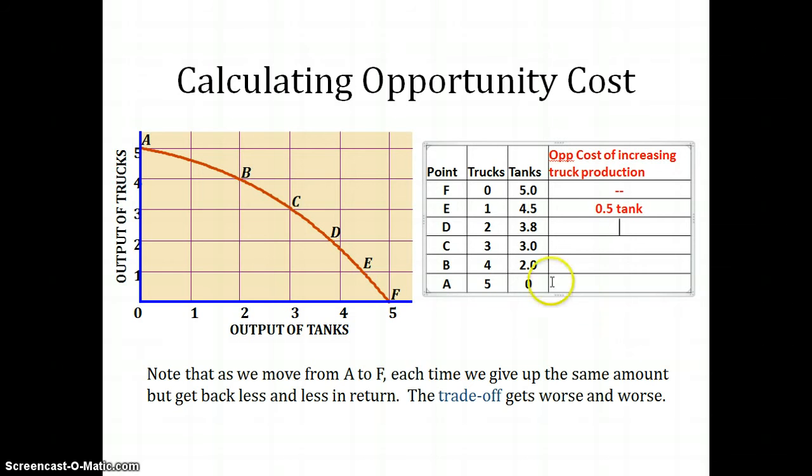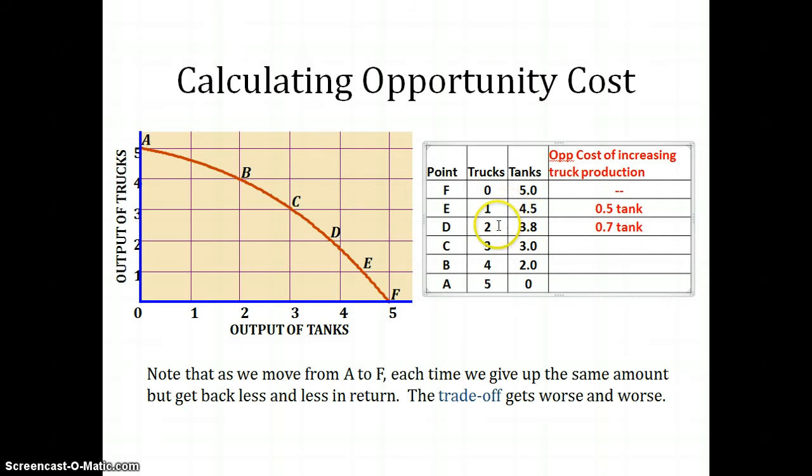Okay. Then when we look from going from one truck to 2 trucks, it means we're going from 4.5 tanks to 3.8 tanks. So now we are giving up 7/10 of a tank. So it's still measured in tanks, but the amount is different when we add a second truck instead of just going to our first one.